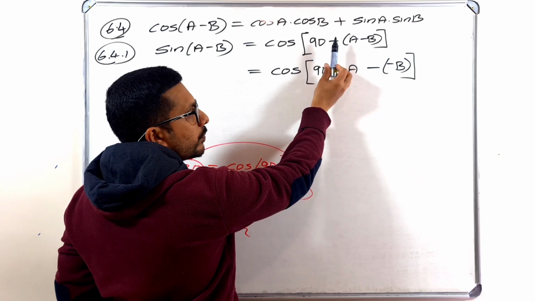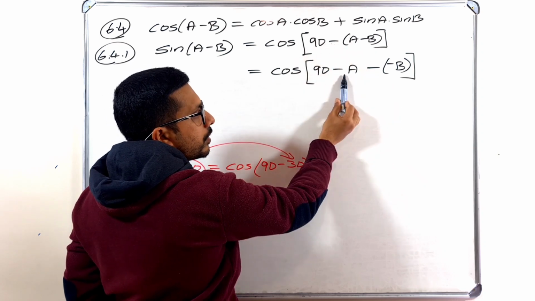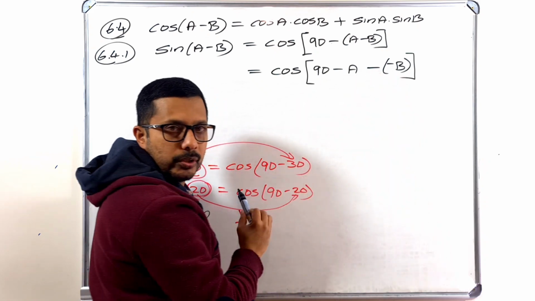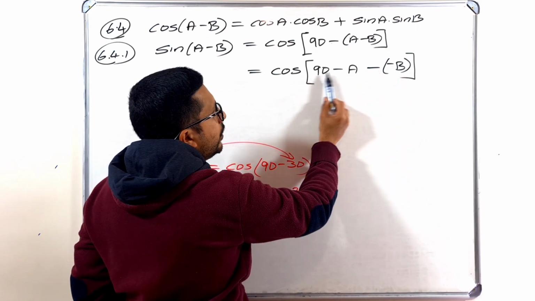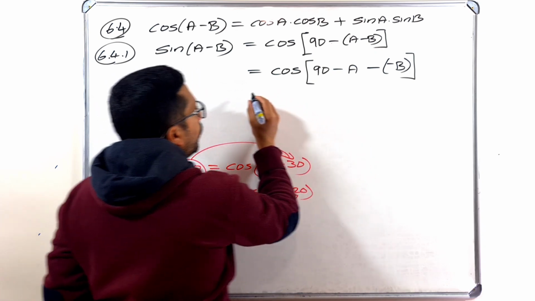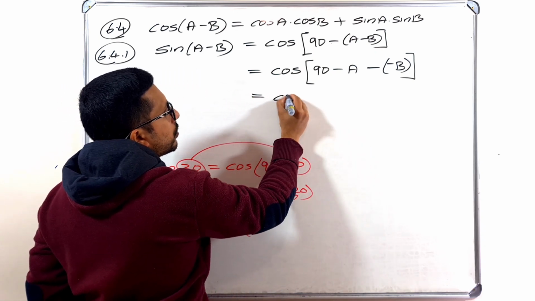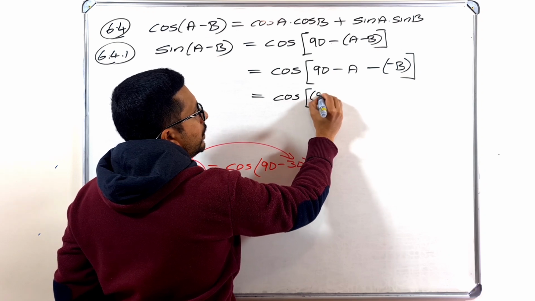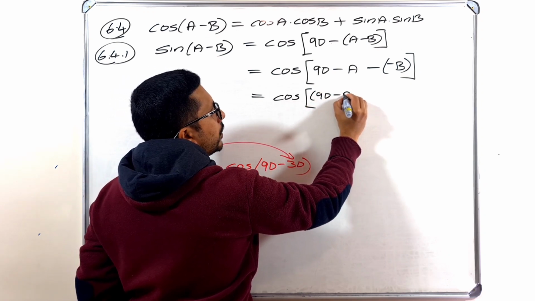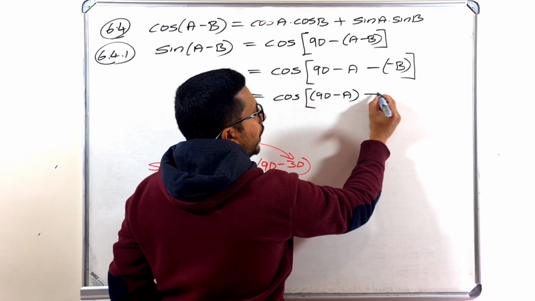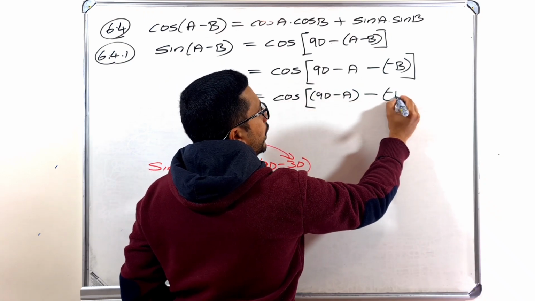I expanded this one: minus into a is minus a, minus into minus b is positive b. So 90 minus a minus minus b. Now this one is cos of 90 minus a, which I wrote as one term, then minus b.